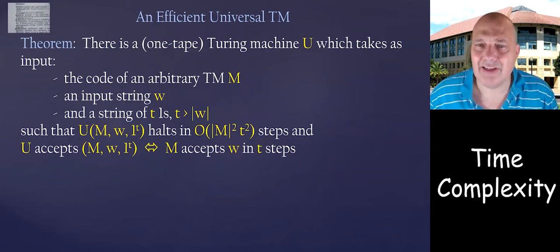So U accepts M, W, 1 to the T if and only if M accepts W in T steps.